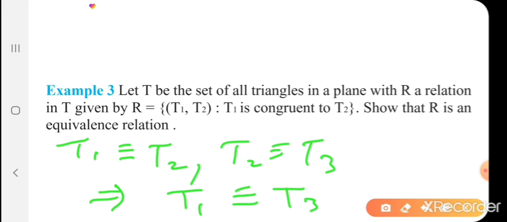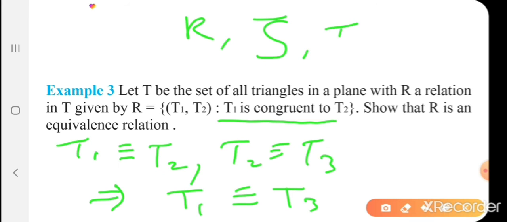So it is clear that it is transitive. So the congruence relation satisfies the reflexive, symmetric and transitive properties. So this is an equivalence relation.